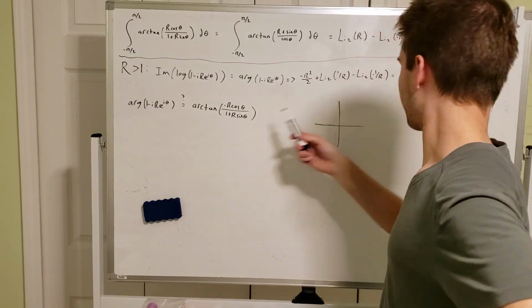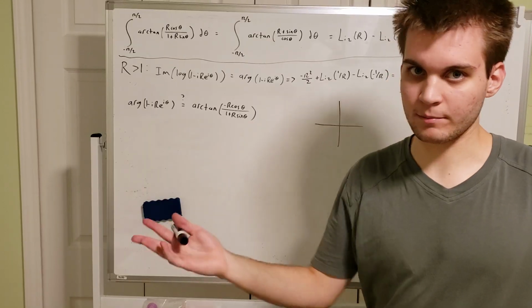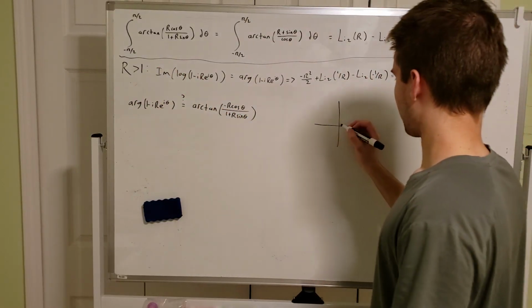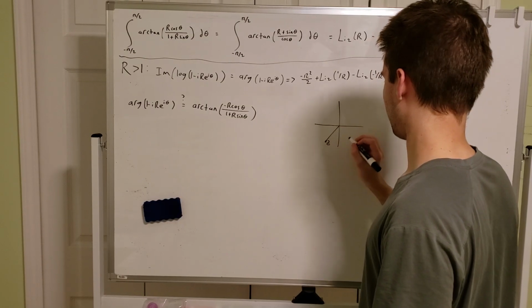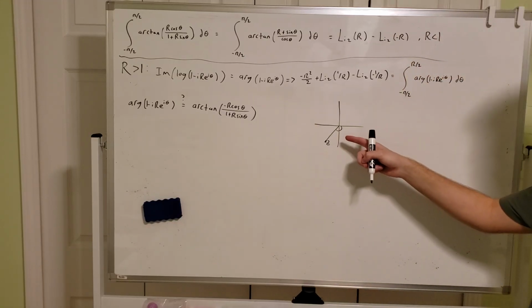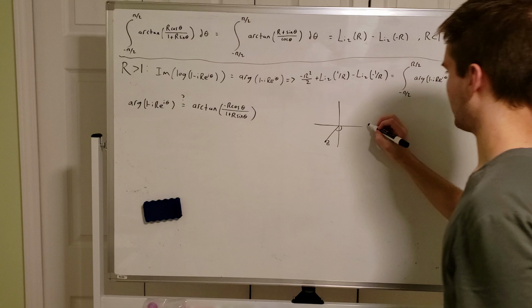For example, take theta as minus pi over 2. This is just 1 minus r, straight up negative, as shown here. So let's consider some complex number z, and this would be its argument. Its argument would be something negative. Remember, we're only dealing with a negative imaginary part.